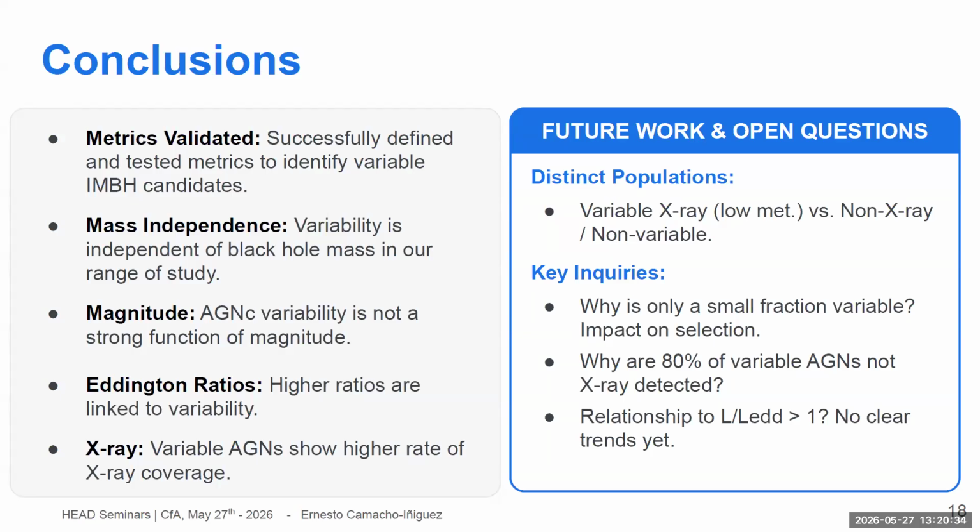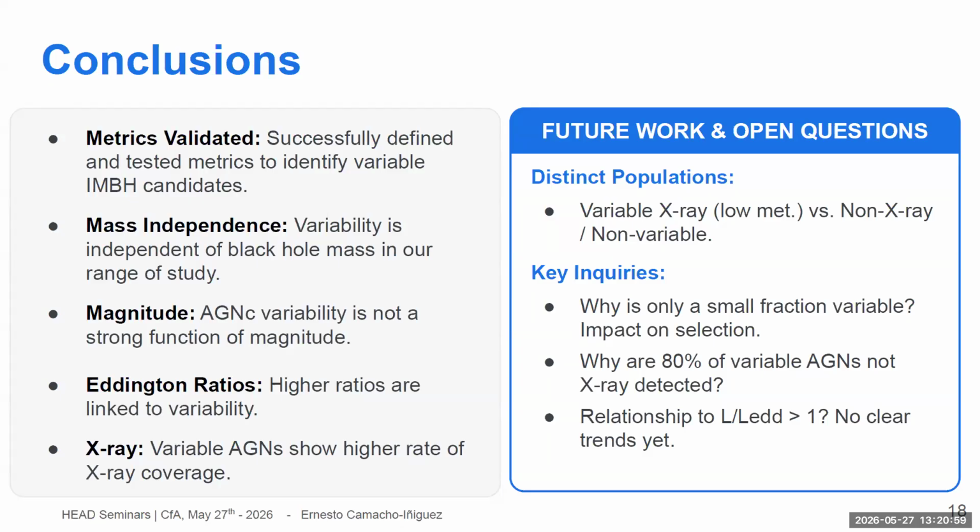But there are still a lot of open questions. We were expecting at the beginning of this project to find a way larger fraction of variable objects, thus confirming the AGN nature of these objects. So why are we only finding 8% of them? This might be related to the way that we are obtaining the sample in the first place through spectroscopy.